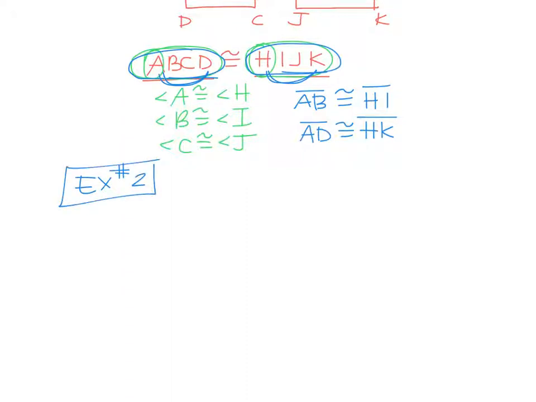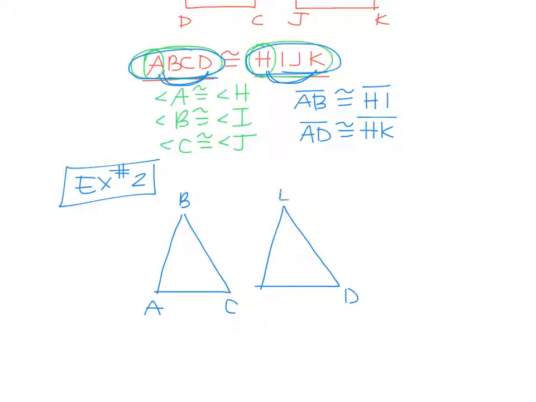If I give you these two triangles, and here's a good example of where you need to be a little bit careful with your lettering. So if this is A, B, C, and D, E, F, and I tell you that this is 30, and this is 30, and I tell you that A is 76 degrees.